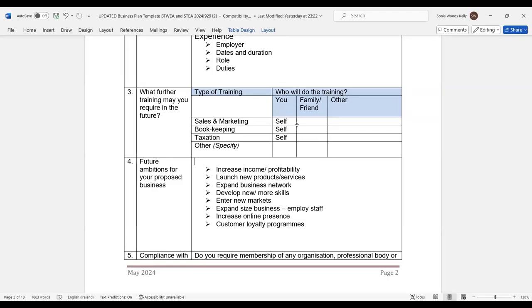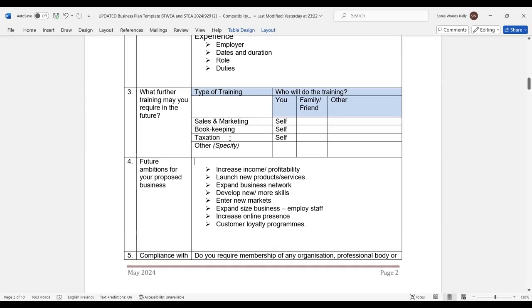So training in this area will include general advertising and marketing, social media, increasing your presence on social media, and also advertising your products and services across the social media platforms, getting your website up and running, and also looking at your search engine optimization and increasing traffic to your website. So all of the above areas will be included in sales and marketing training.